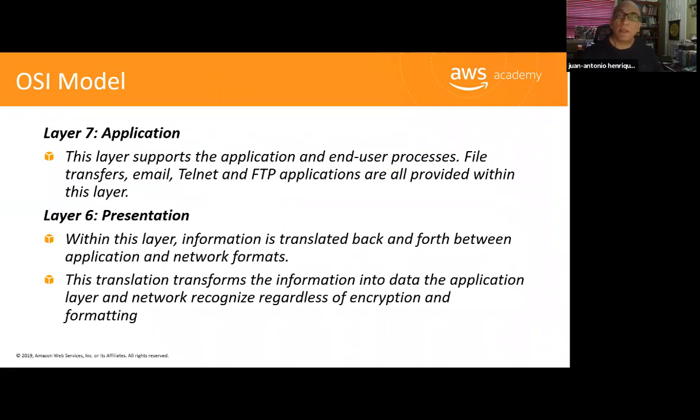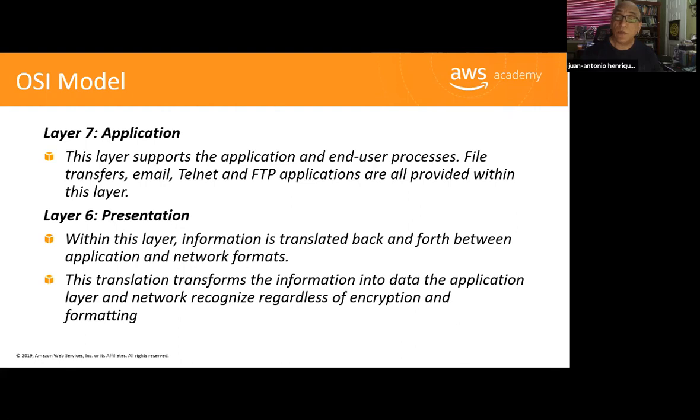All right, so if we look at each of those layers, as we mentioned, layer 7 is the application layer. It supports end user processes like file transfers, email, web browsing, that kind of thing. At the presentation layer, the information is translated back and forth between application and network formats.